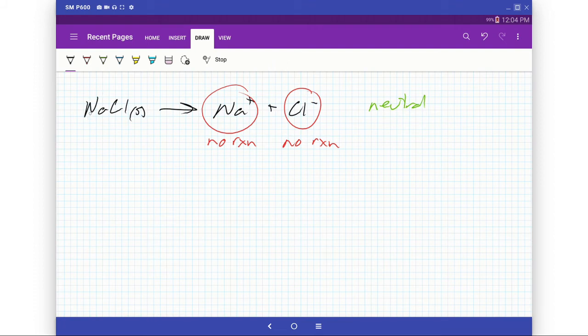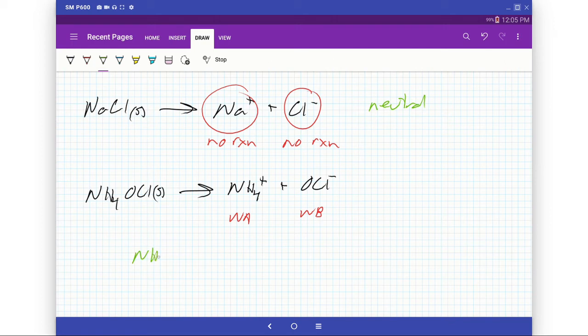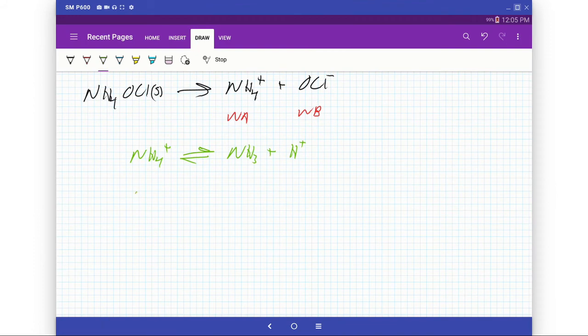Next on our list was ammonium hypochlorite. And you can see directly that ammonium ion is a weak acid in itself, and hypochlorite is a weak base. So both of these will react. The ammonium ion is going to give H plus, and the hypochlorite ion we already saw.